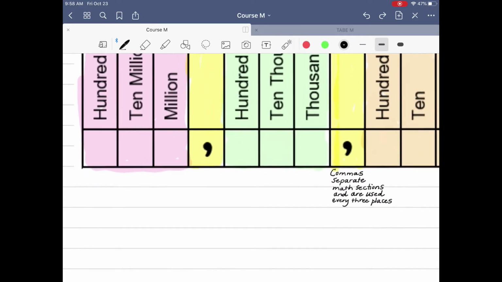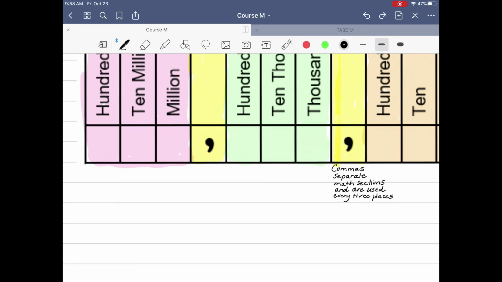And here's one more piece of information. Each place, and I'm back on that big old pencil again.